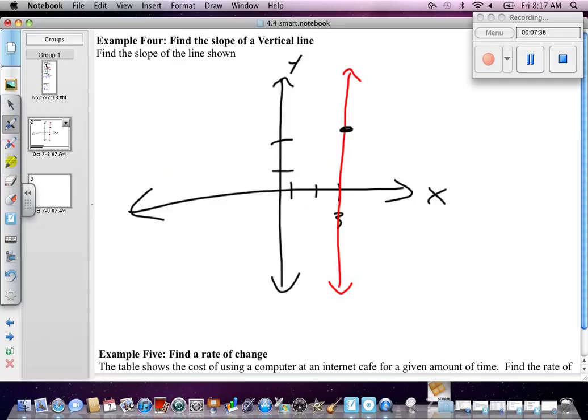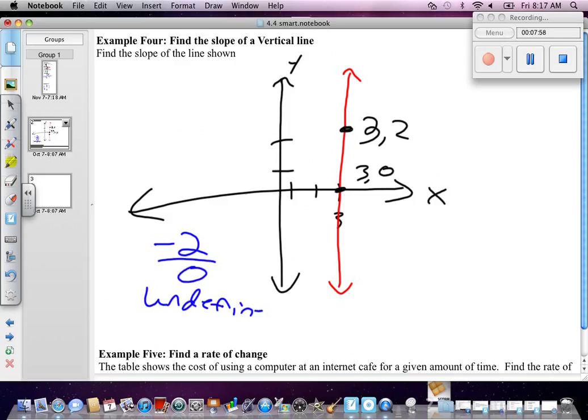Let's pick 2, 3, 2, and let's pick 3, 0. How much am I going down between 2 and 0? I'm going down 2, so it's -2. How much am I going right or left? 0. If there's a 0 on the bottom, we call that undefined.